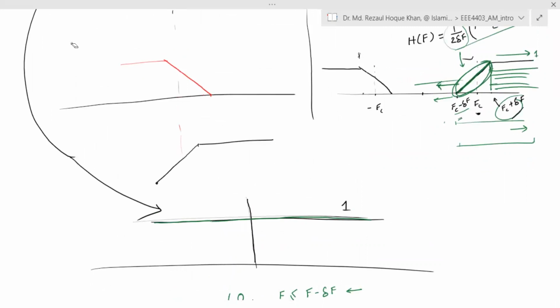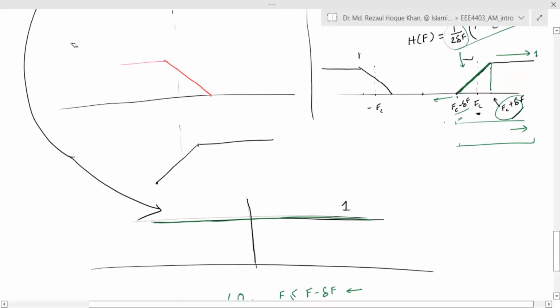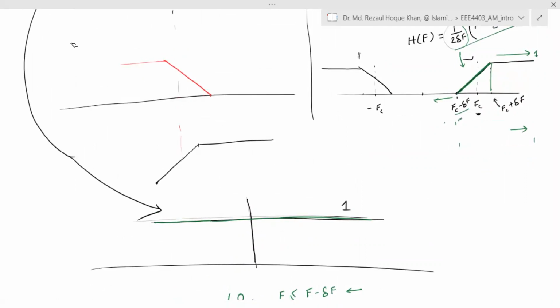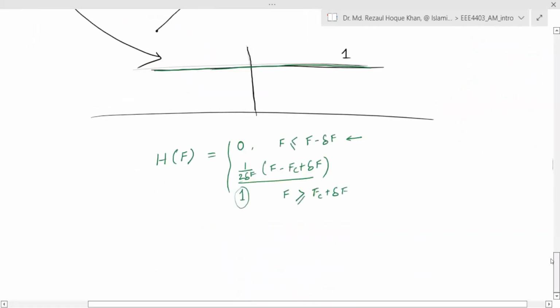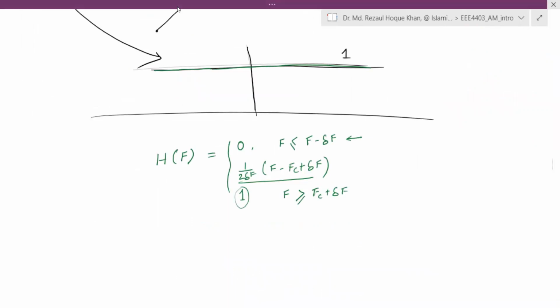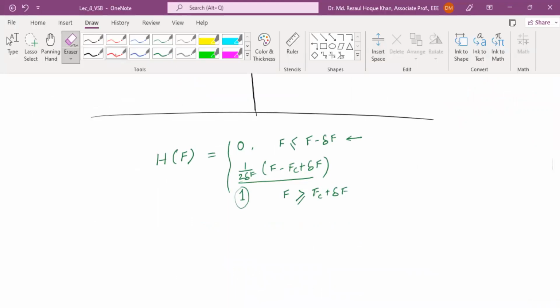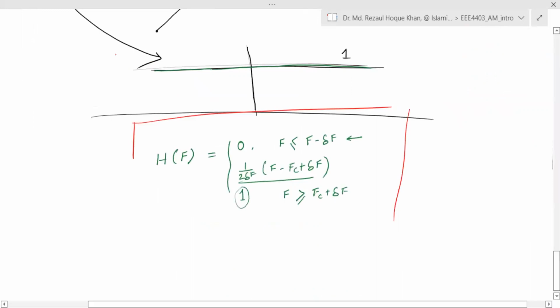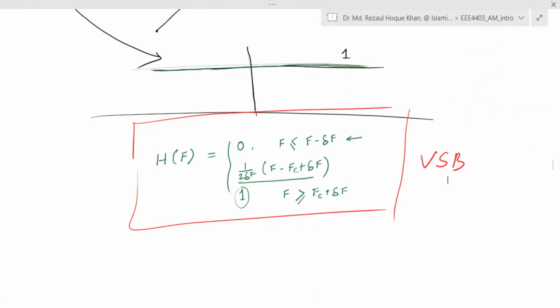Okay. So let me clear it so that it looks a little bit nicer. Now you know that this is actually the response of this VSB filter.